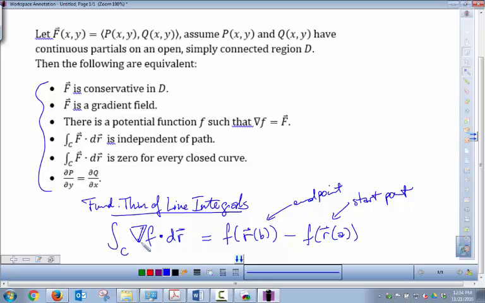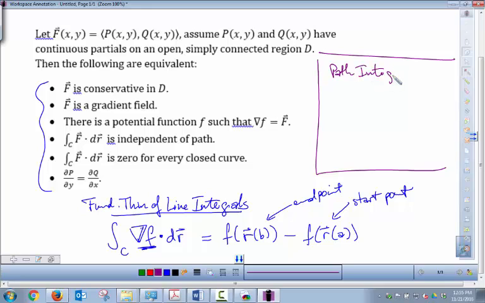For the path integral, we put in a scalar function. We don't dot it anymore. So a path integral takes a function from R2 to R, or I guess it could be R3.